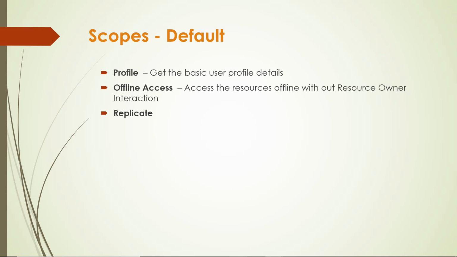This offline access scope should be combined with another scope, profile or anything, or a custom scope, to perform the corresponding operations. The third one is replicate.